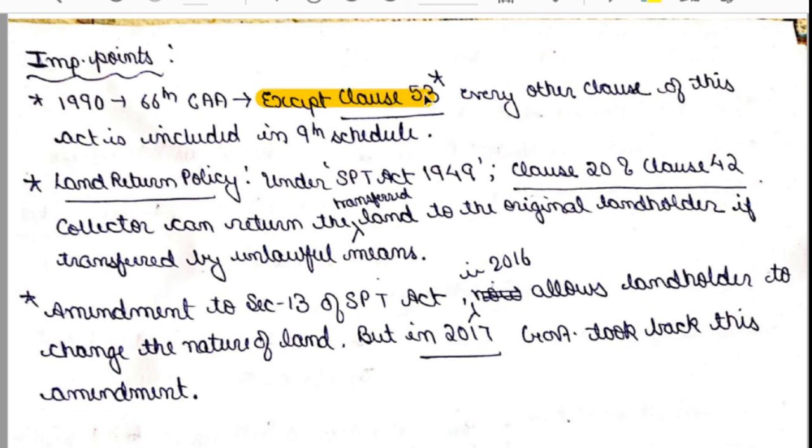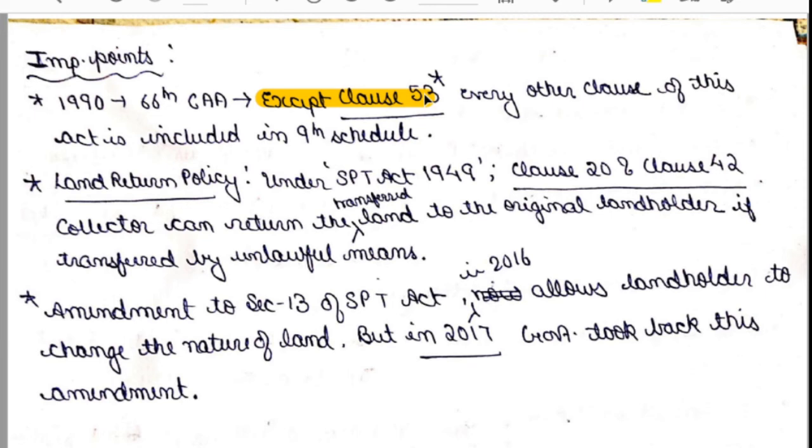This you should remember. A question may be asked in the examination, that except which clause is every other clause of this act included in the ninth schedule. So you must remember, except clause number 53. And through which constitutional amendment was this done? Through the 66th Constitutional Amendment Act in the year 1990.